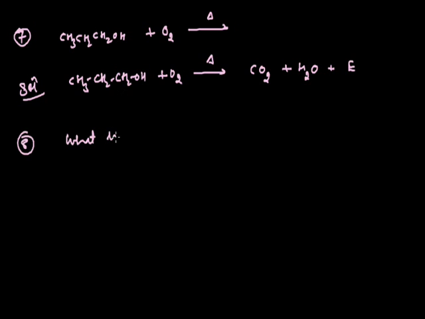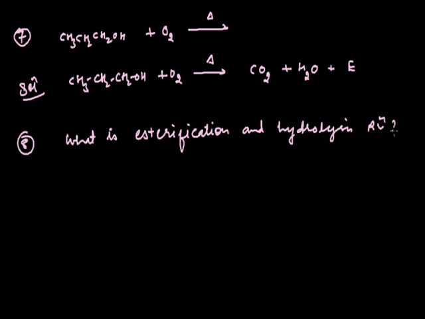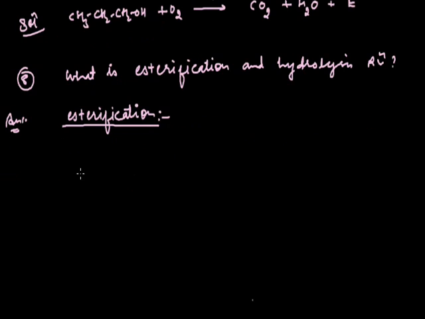What is esterification and hydrolysis reaction? First of all, esterification. In this type of reaction, a carboxylic acid, when reacted with an alcohol in the presence of a small amount of sulfuric acid, will give a fruity smell.